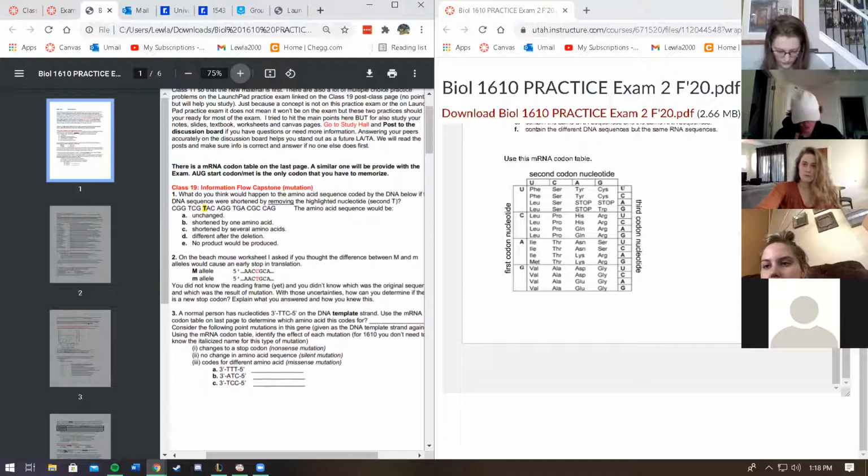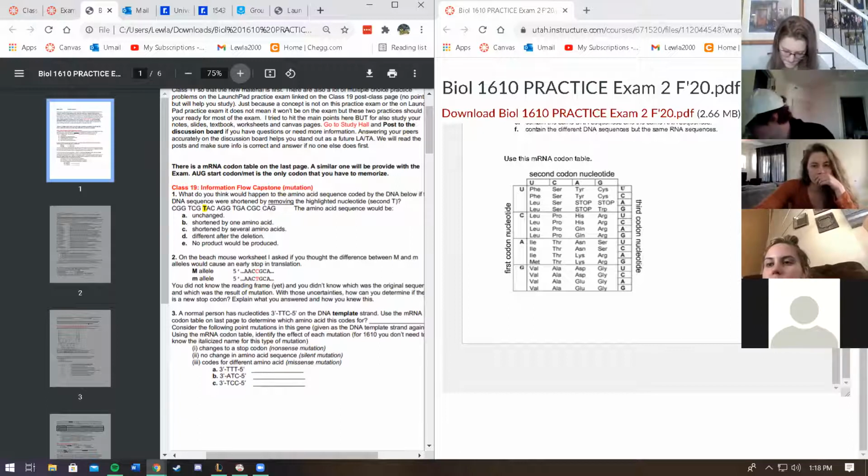Okay, so for the first one, I think it would be arginine because you would only flip it because you're just trying to base pair it. If you look on the table, I think on page 5 where you have to fill in the RNA stuff, it would be AAG because you're just trying to find the anti-parallel and the complementary base.